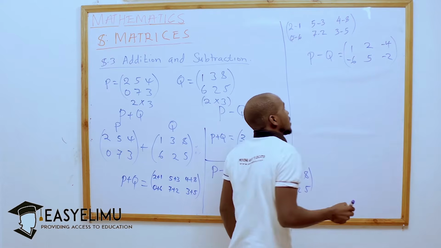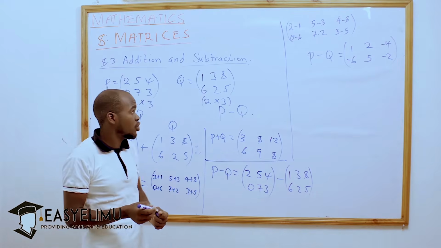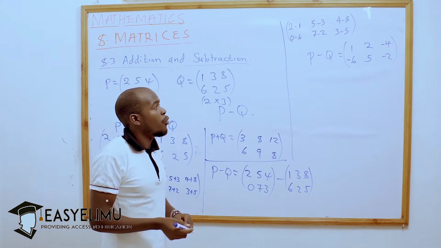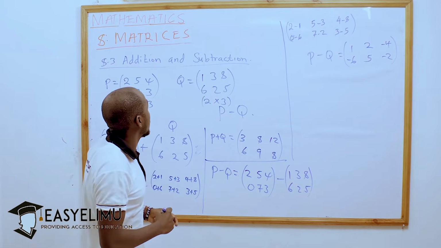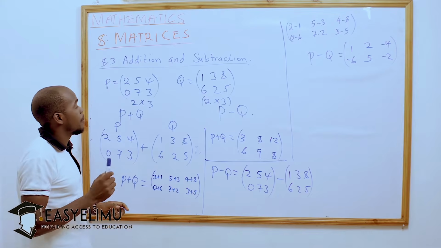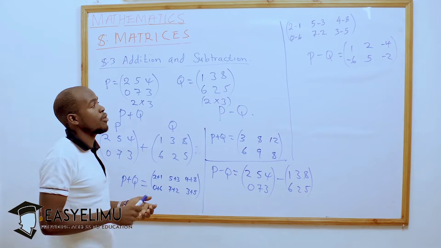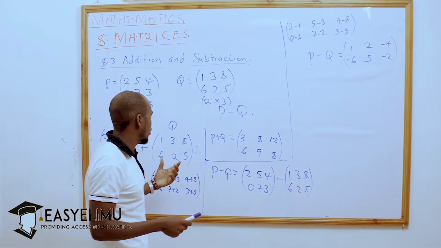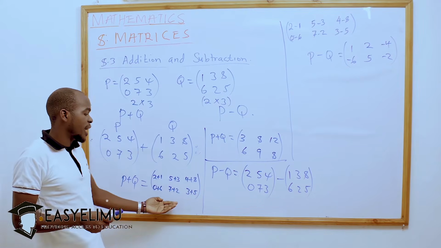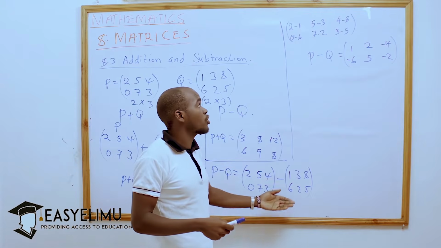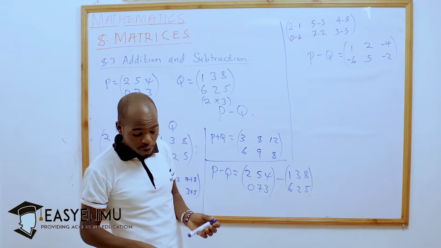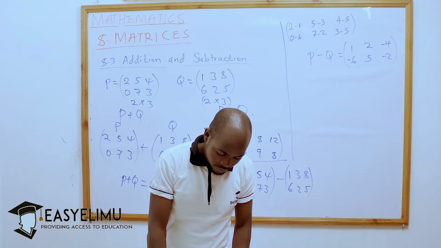And that is your answer if you take P minus Q. We have seen how to find P plus Q, the sum of two matrices: you just add the corresponding elements. If it is subtraction, you do the same and subtract the corresponding elements.